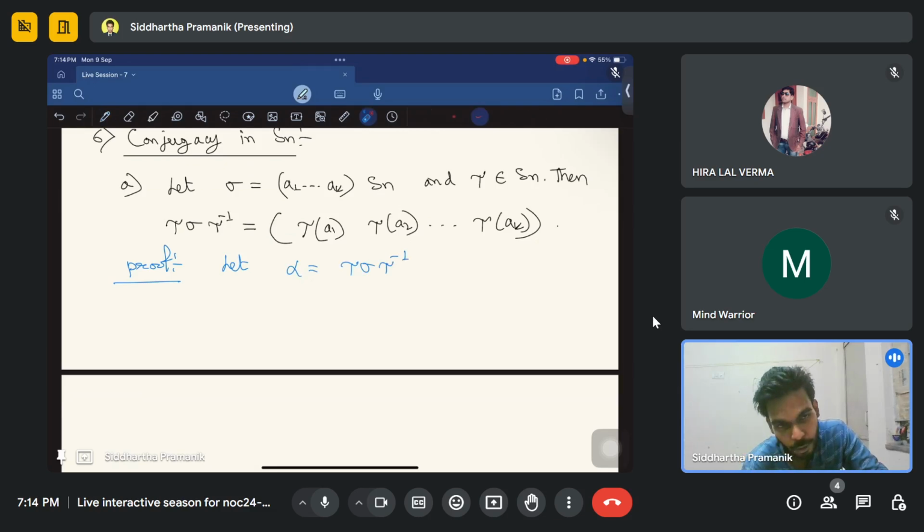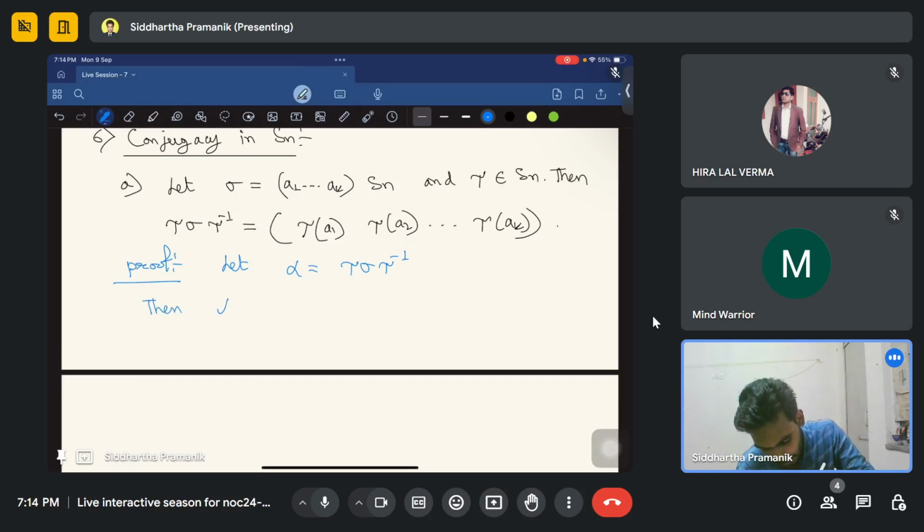Then we need to prove alpha sends tau of a1 to tau of a2, then tau of a2 to tau of a3, continuing in this way, tau of ak to tau of a1. Only then will it be a cycle, right?